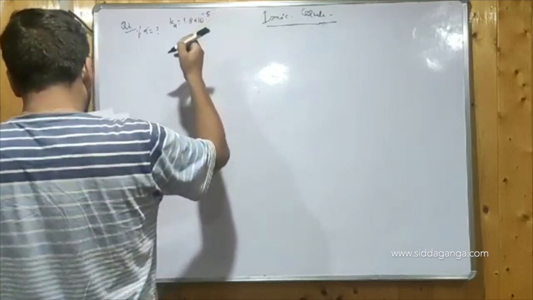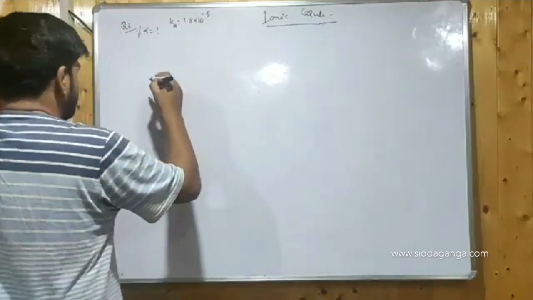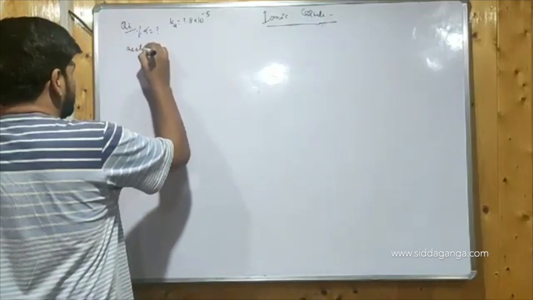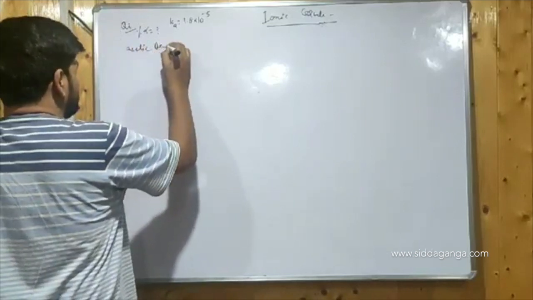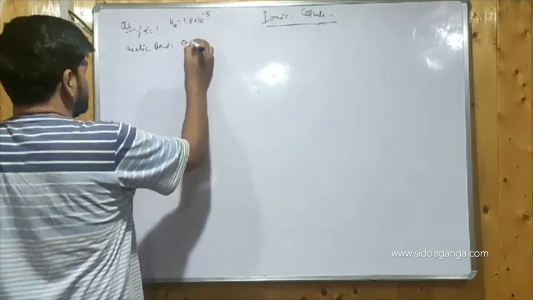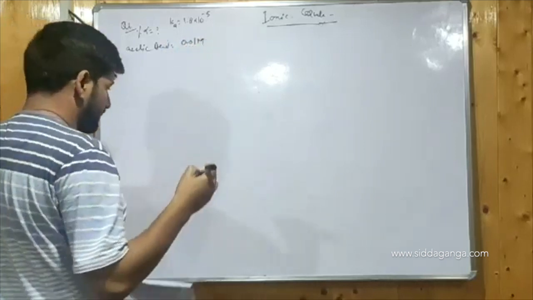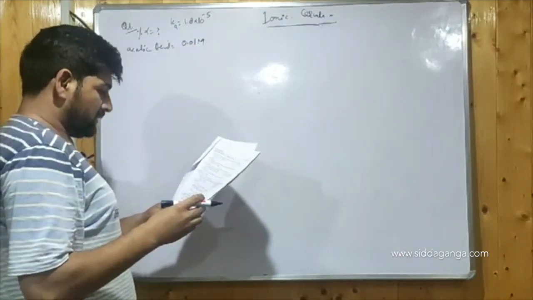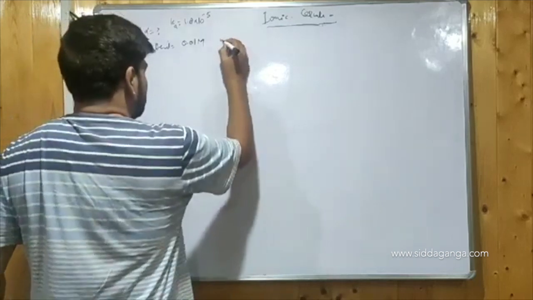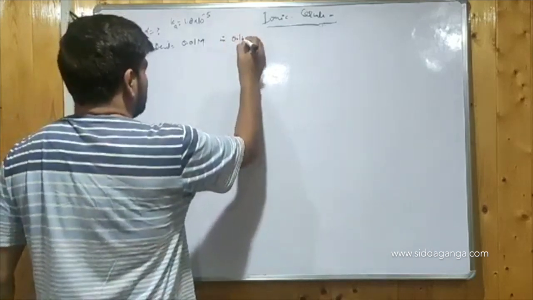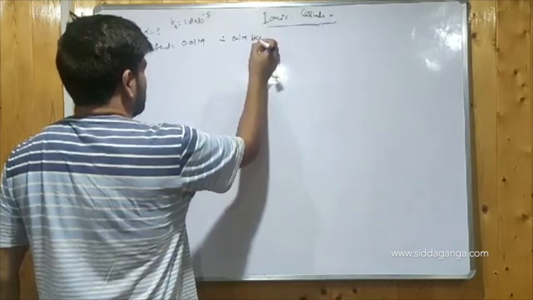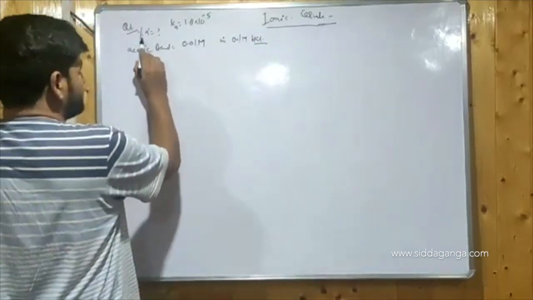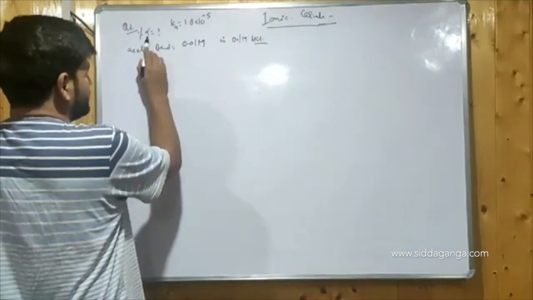Ka value is given. And for what we have to find it out? We have to find it out for acetic acid whose concentration is 0.01 molar in 0.1 molar HCl. So we have to find out the percentage degree of dissociation.